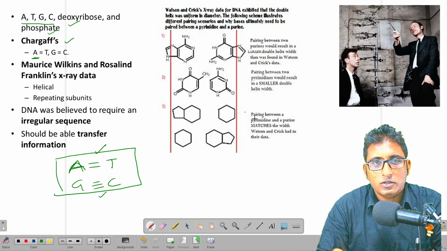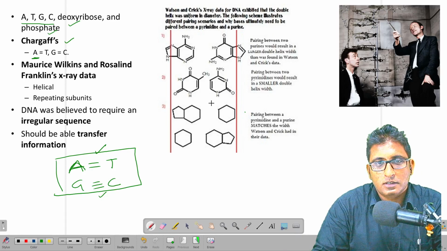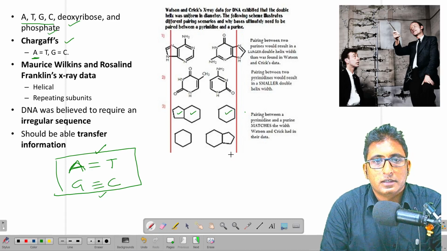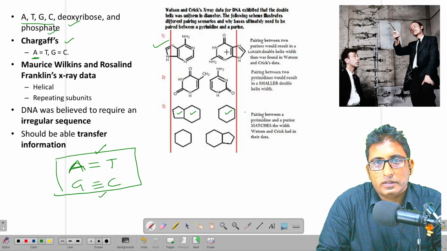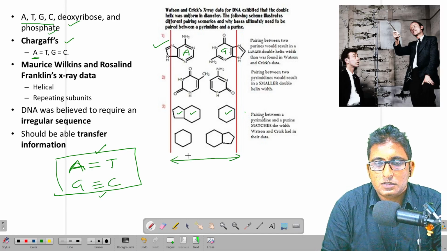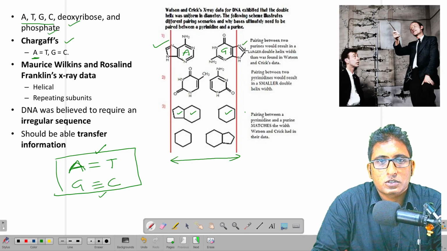One of the logics they used is based on the nitrogenous bases. The purines have two rings like this, and pyrimidines have one ring. If we were to put two purines together, say this is adenine and this is guanine, then the diameter, the space occupied, would be too much.